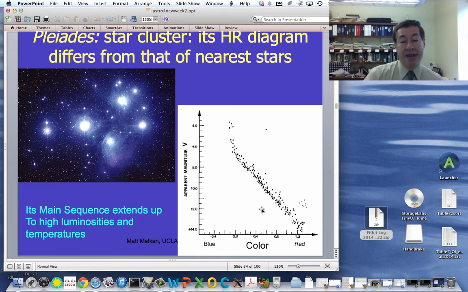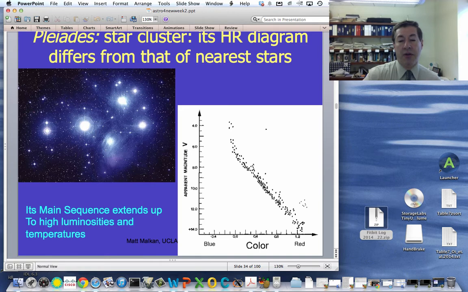What the main sequence is saying, because the sun is also a good main sequence star, is that star in the Pleiades, or I don't care where it is, that star halfway across the galaxy, also has the same power output as the sun, 4 times 10 to 26 watts. It's like peas in a pod there, solar-type stars.